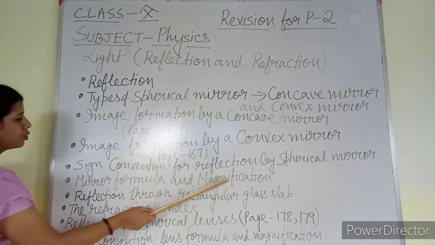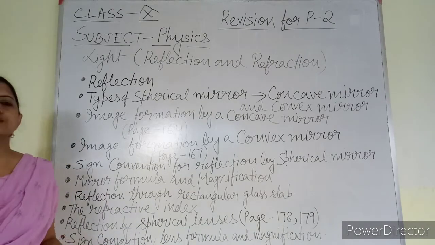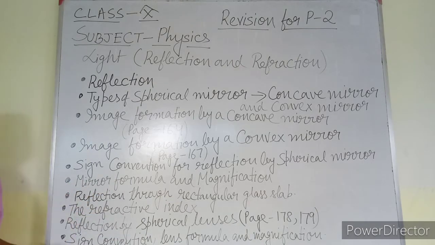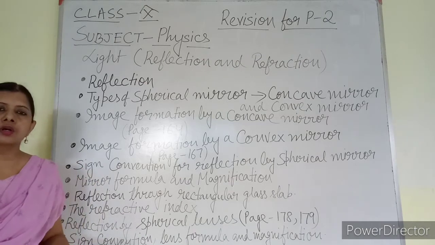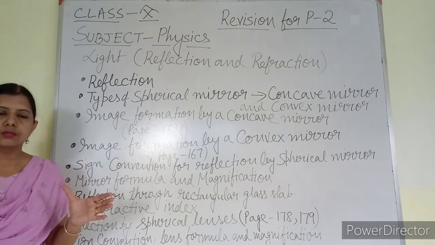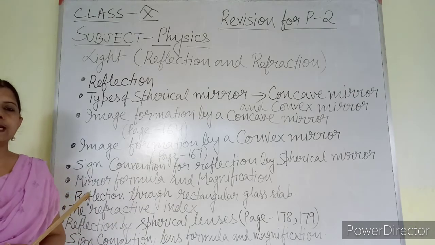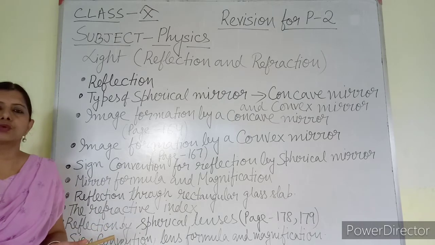Next, mirror formula and magnification. There is a particular formula that is known as the mirror formula. Using the mirror formula, there are so many numericals in your book. You can calculate the unknown, it may be the unknown position of the object, the unknown position of the image, or the unknown focal length.